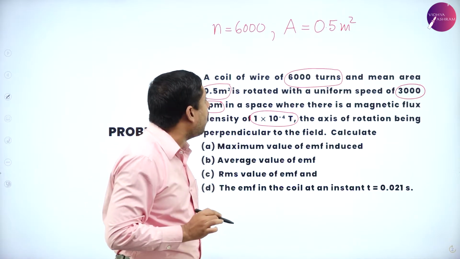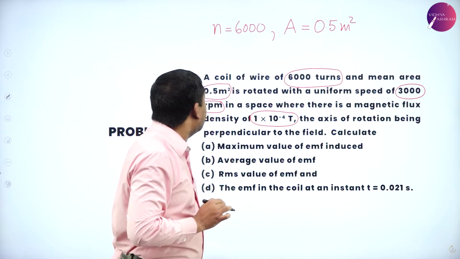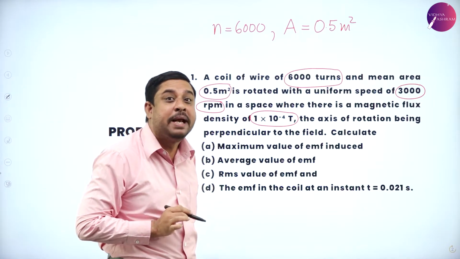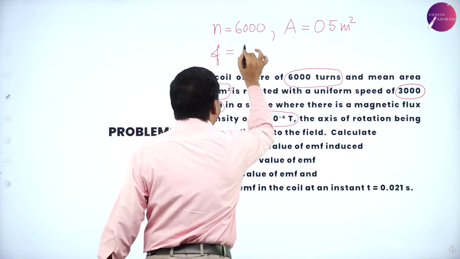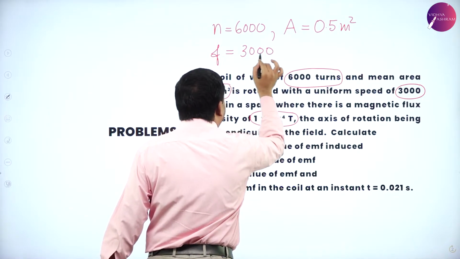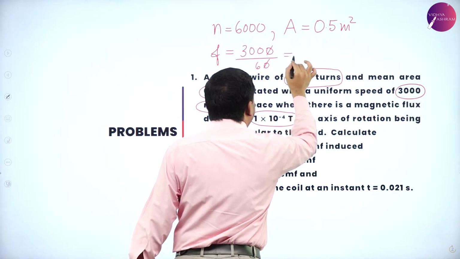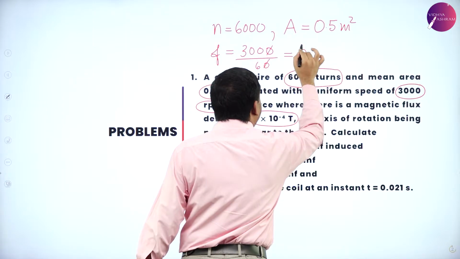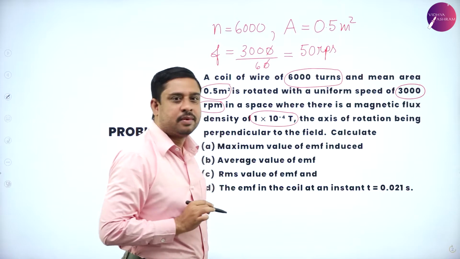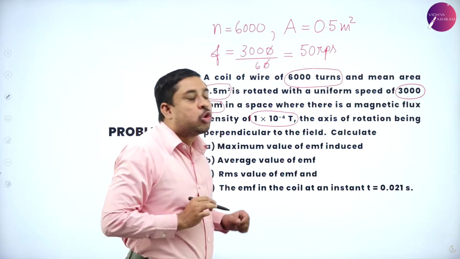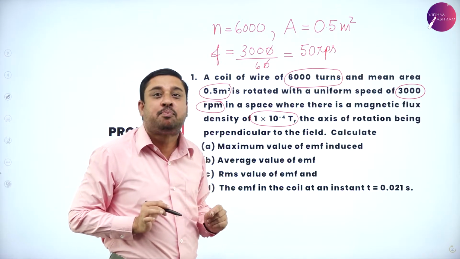And uniform speed of 3000 rotations per minute. So frequency is 3000 divided by 60. So this is 50 rotations per second. 3000 rotations per minute, I have converted to rotations per second.